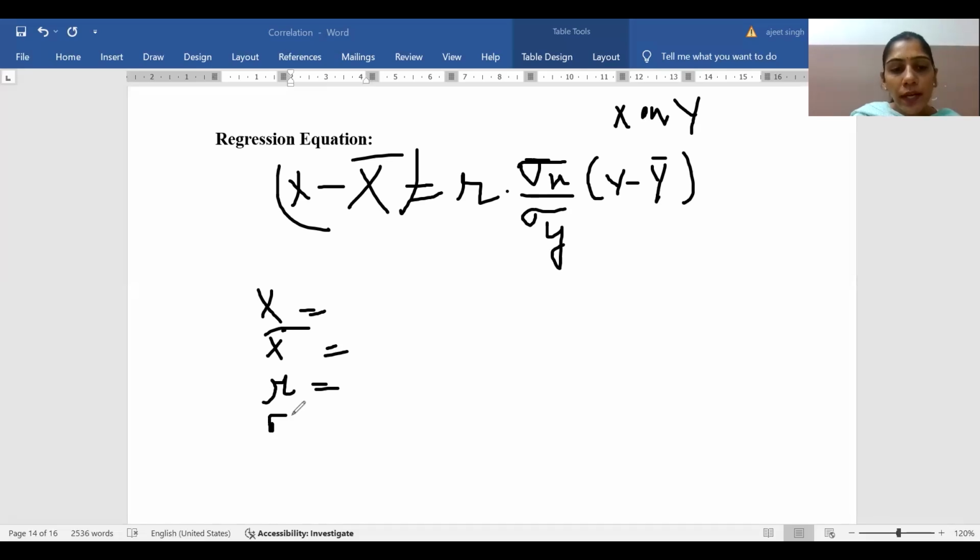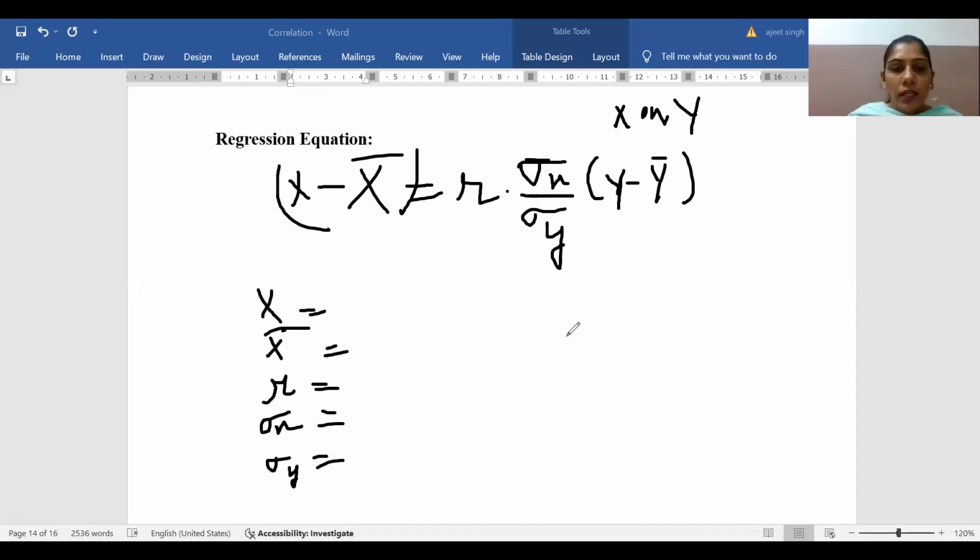Now sigma x is the standard deviation of x, and sigma y is the standard deviation of y.